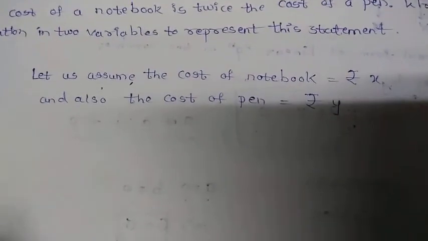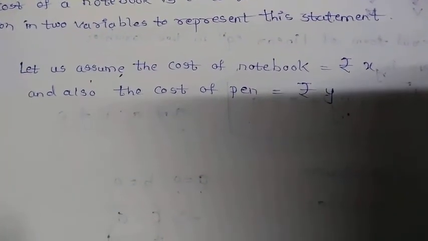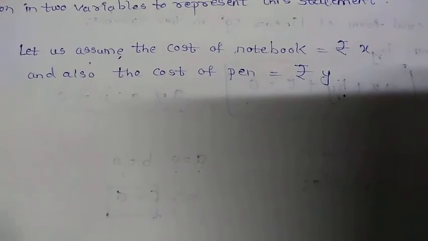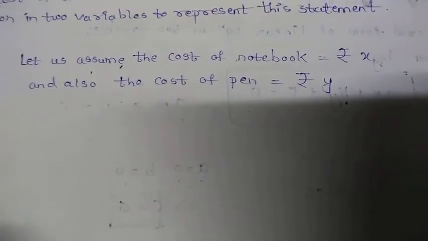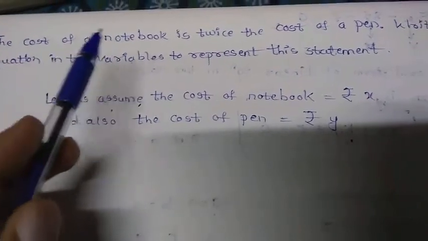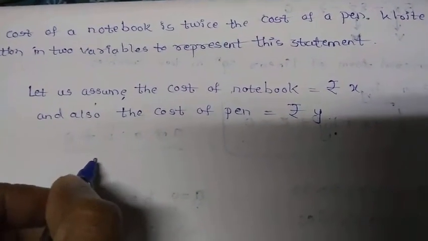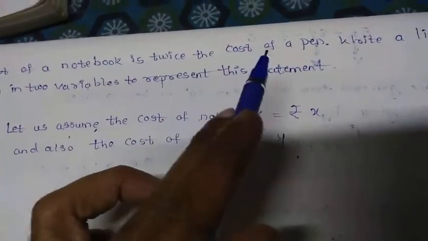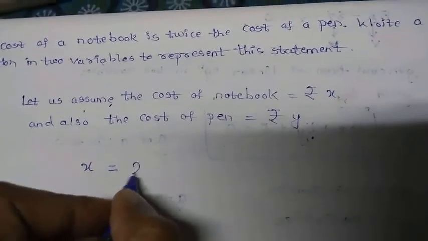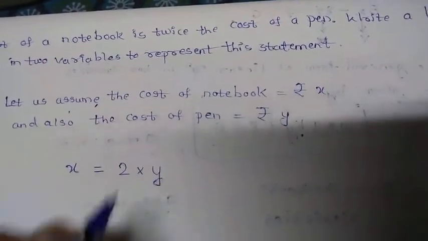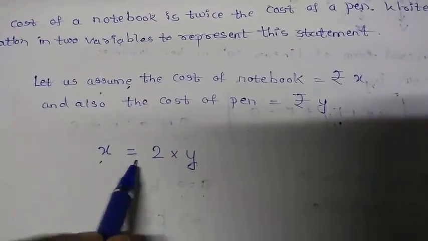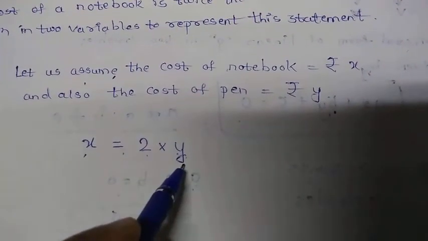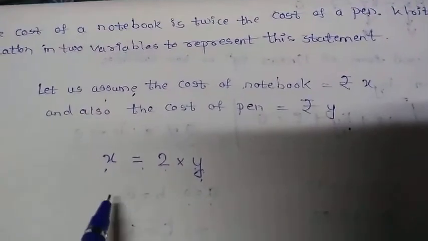So now please pay attention. It is very important here. If you don't get this right, you won't get the whole chapter. So you have to pay very close attention here. The cost of the notebook we have taken as X. The cost of the notebook is twice the cost of the pen. The cost of the pen we have taken as Y, and hence I have written the given statement in symbolic form.